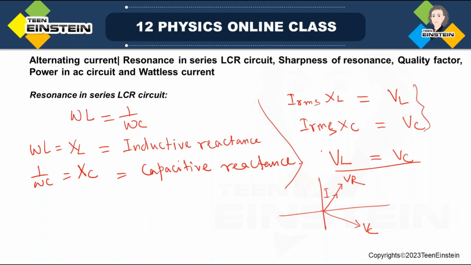They have a 180-degree phase difference. If the magnitudes of these two are the same, then they cancel each other. So at this condition, the whole potential drop is across the resistor.